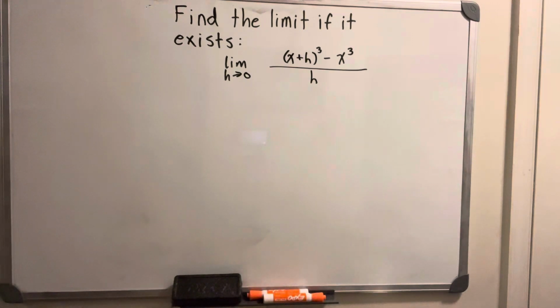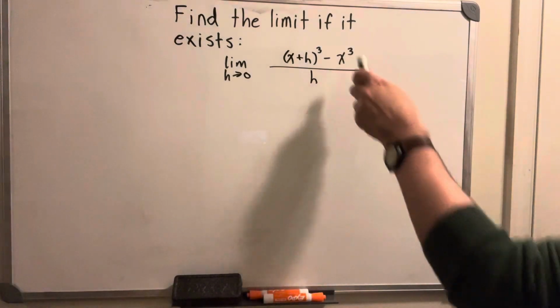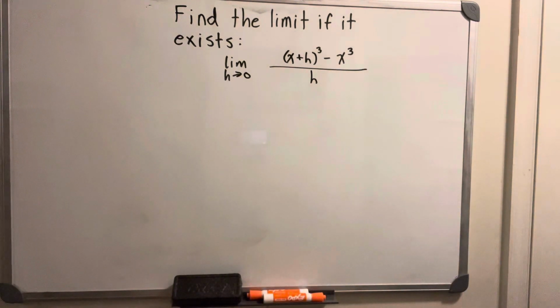Clearly we can't factor out an h from the numerator as is, because this term doesn't have an h in it to factor out. So what we have to do is expand the (x plus h) to the third.